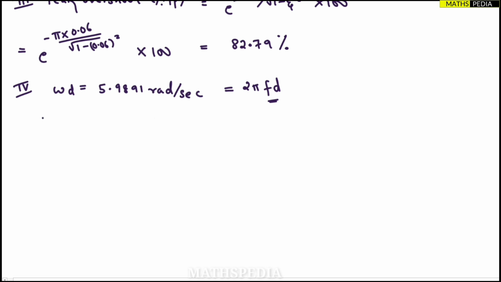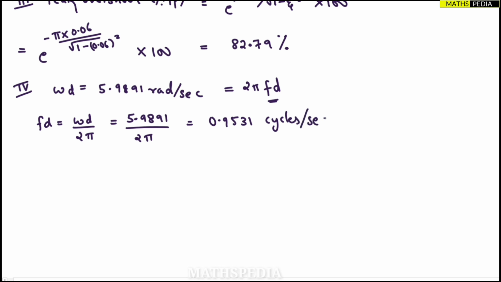So from this can I get fd value? Fd will be equal to omega d by 2 pi, right? Omega d we already have, that is 5.9891 divided by 2 pi. If you do, you will get fd value, which is 0.9531 cycles per second. So in 1 second this many cycles are there.